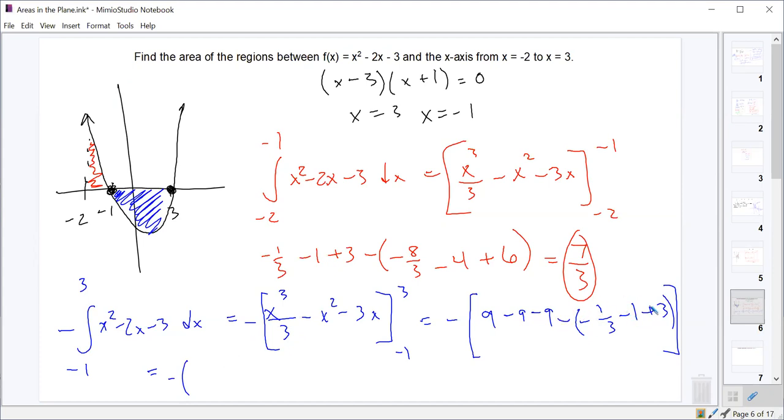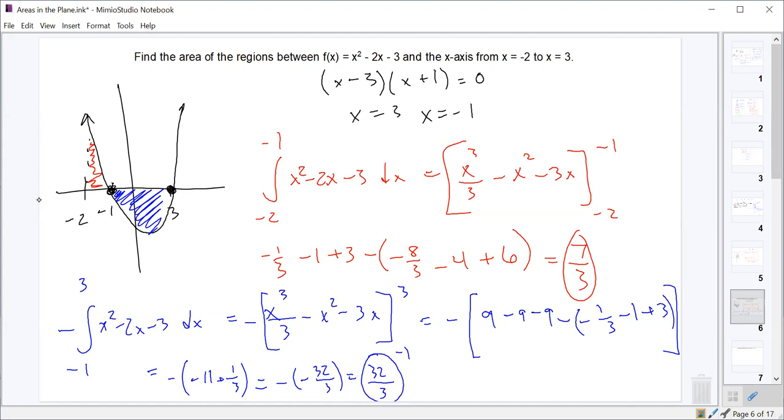And we're going to have -8 minus 3 ought to be -11. And minus a -1/3, -11 plus 1/3. And so what does that come out to be? That comes out to be -33/3 plus a third is -32/3. And then we make that positive. So we get 32/3 for that section.